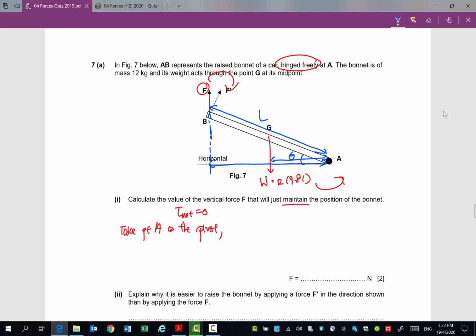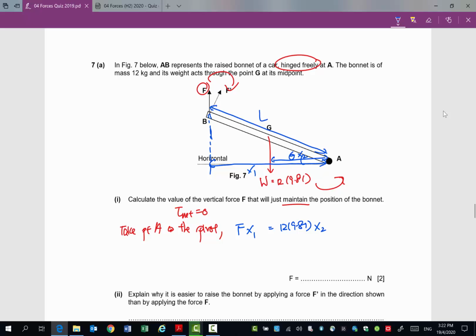So therefore, let's call this x1 and let's call this x2. To find the clockwise moment provided by F, it is essentially F multiplied by x1, and the anti-clockwise moment provided by the weight will be 12 times 9.81, multiplied by x2.